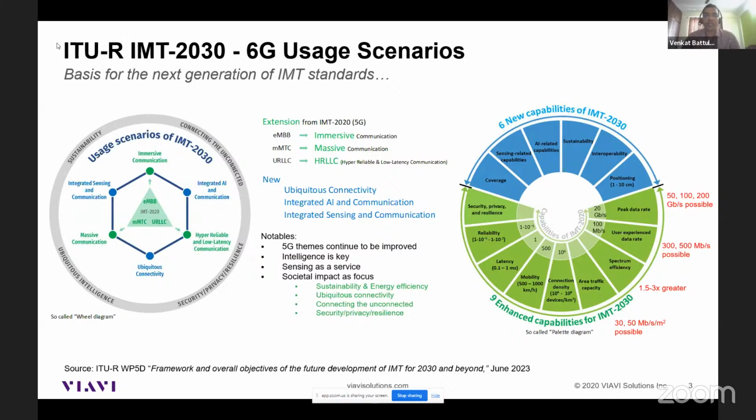And mMTC. So you can see there are small, low latency use cases like NB-IoT, CAT-M, all these use cases will be turning into massive communication. Be like millions of devices, you are thinking at that scale. Okay, then URLLC, so reliable low latency communication. We have severe challenges already in 5G, so now that is becoming hyper reliable low latency communication.